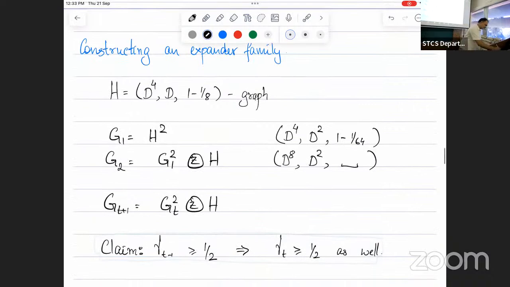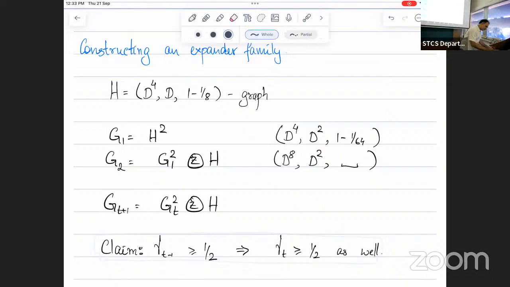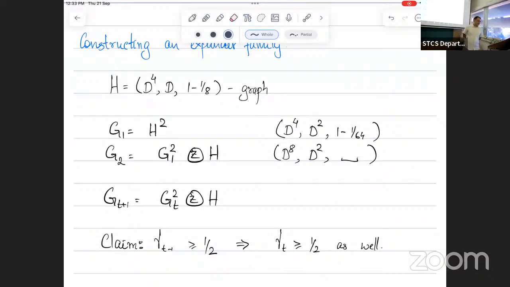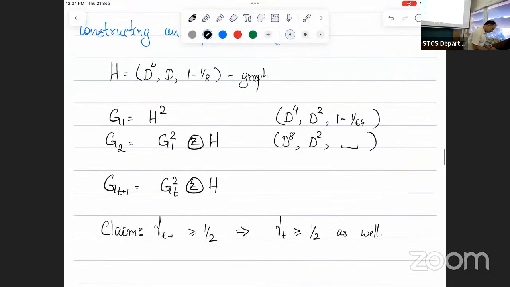And let's just briefly convince ourselves as to why this is the case. Each time you square, for example when you did G1 squared, your degree became d power 4. So this is going to be a graph on d power 4 times (t+1) vertices, with degree d squared, and something as the spectral gap.